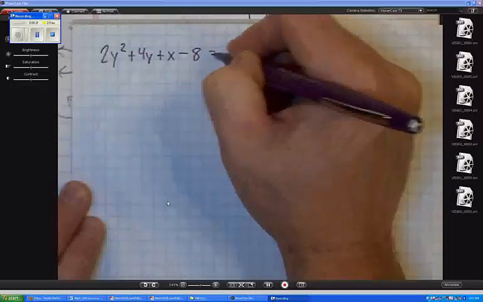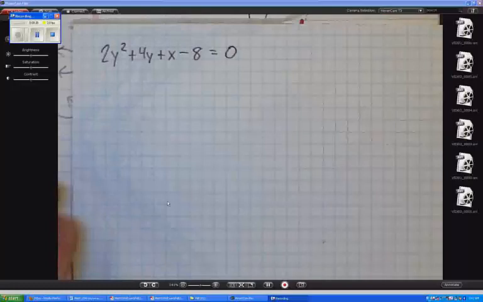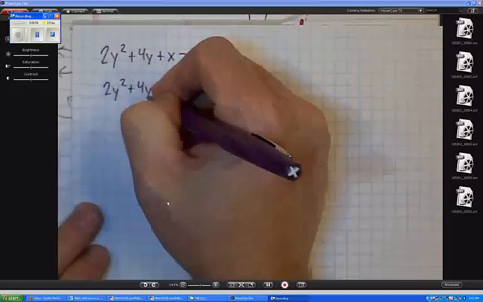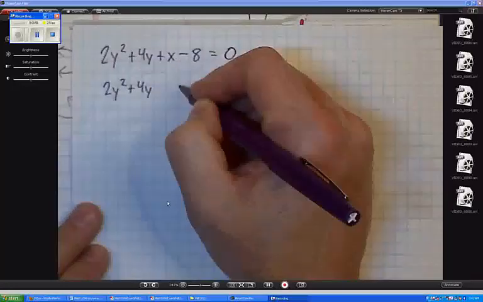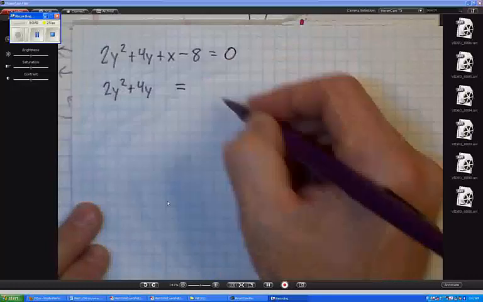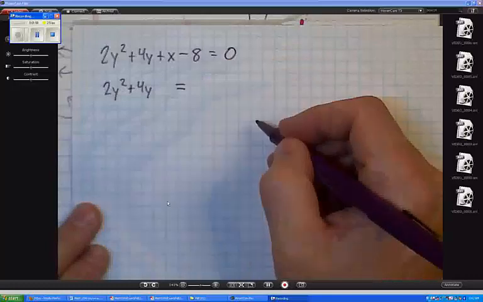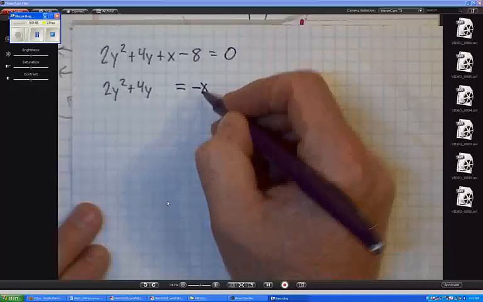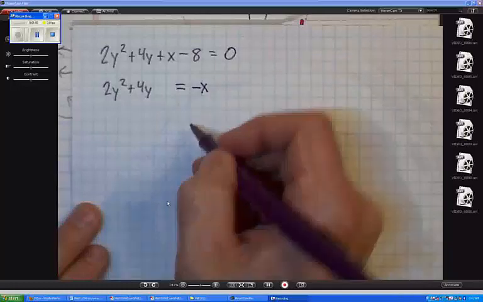So the idea is we want to push everything to the right-hand side except for the part that we're going to complete the square. 2y squared plus 4y is now equal to, well, I guess we'd have to write negative x. I want to put the x's over on the other side. And then I'd have to write what? Plus 8, right.